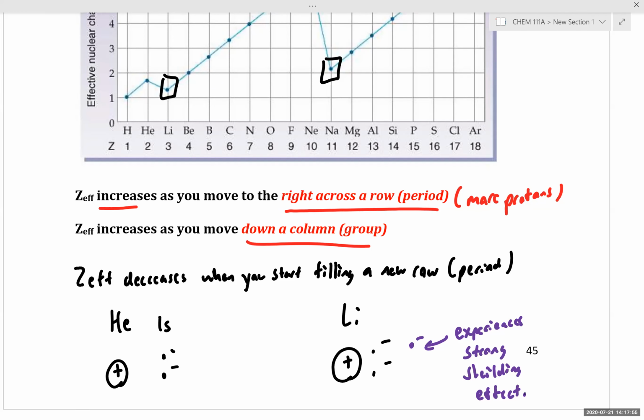So each time you start a new period in the periodic table, your effective nuclear charge drops precipitously. Does that make sense to everyone?